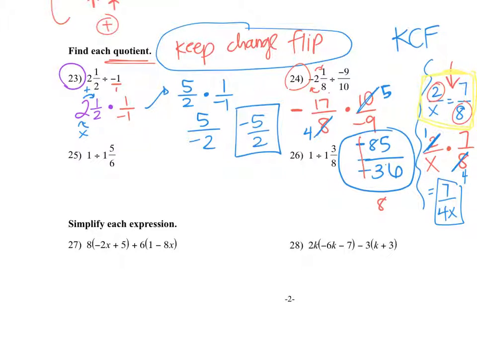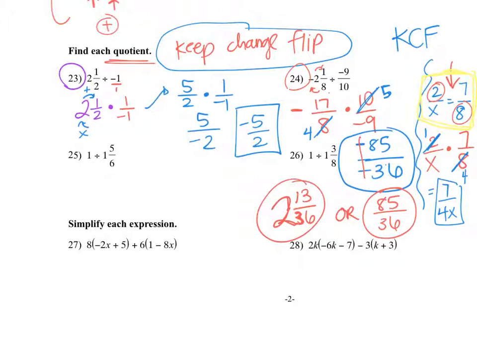So my answer is actually 85 over 36. Or if you wanted to change that into a mixed number, you would say 2, because 2 times 36 is 72, and 72 would give us 13 left over. So 13 over 36. Either one of these answers is fine.